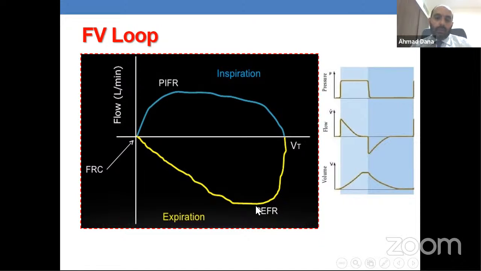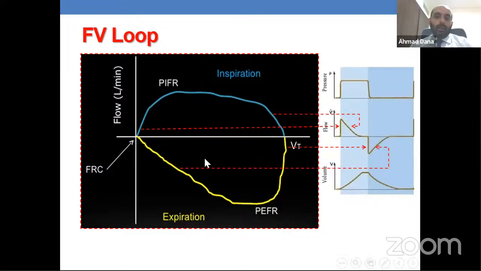This is the peak expiratory flow, then go back. If you relate it to the flow waveform, this is the peak inspiratory flow. Then it comes down till inspiratory time is finishing. Then when the expiration starts, this is the peak expiratory flow. Then it will come back to 0.